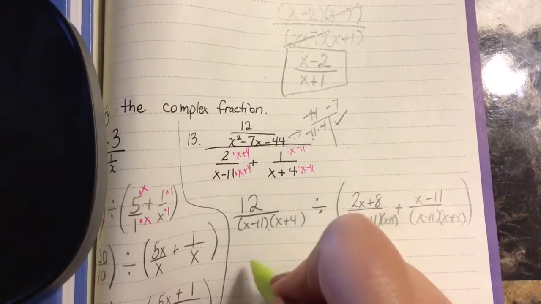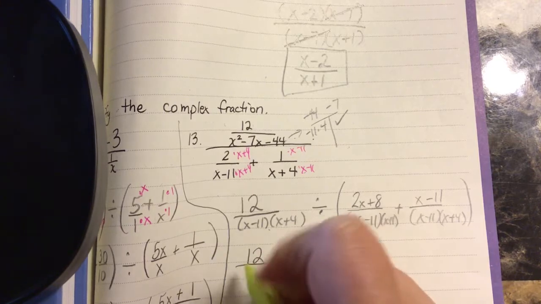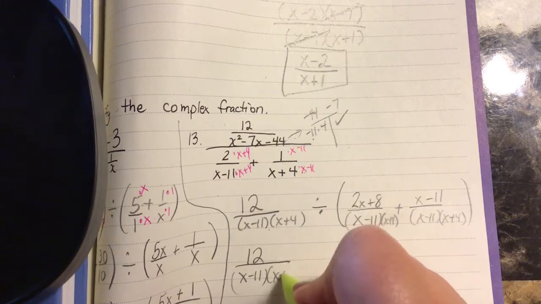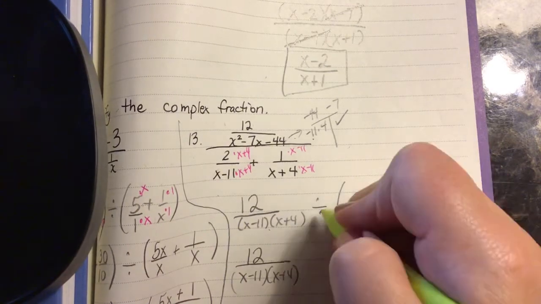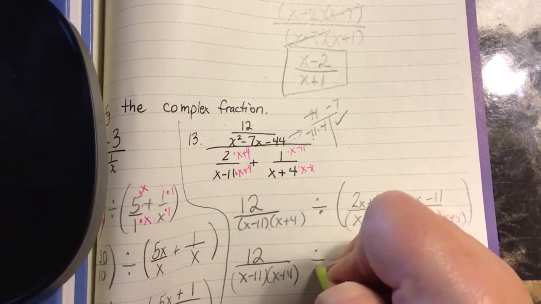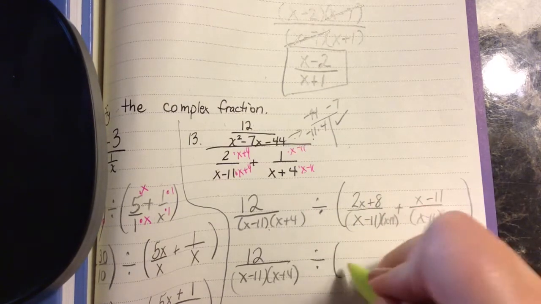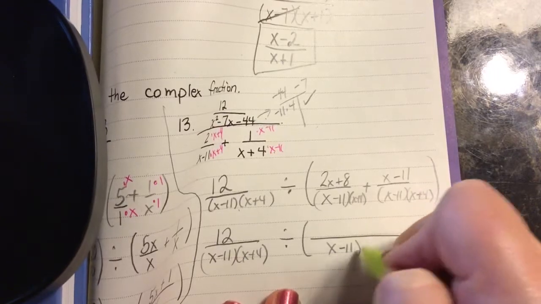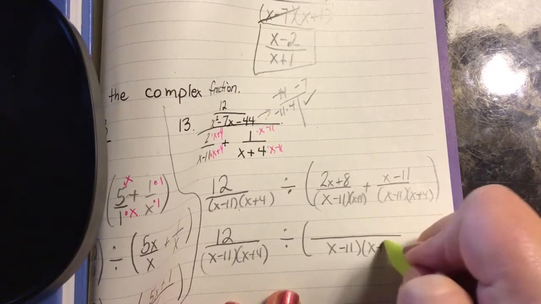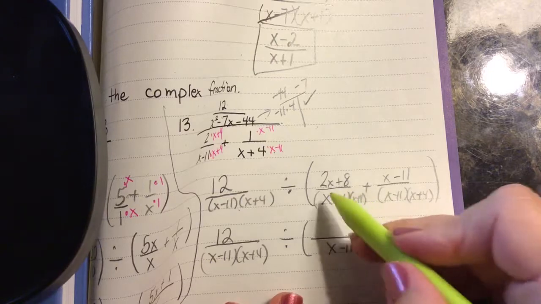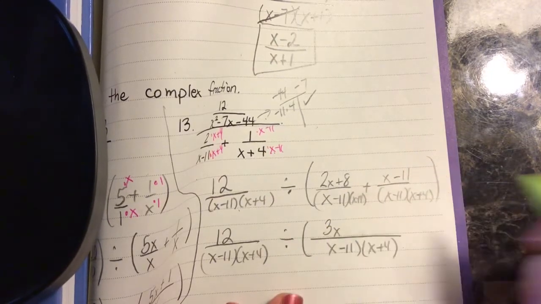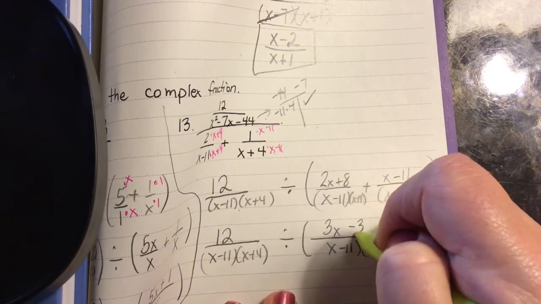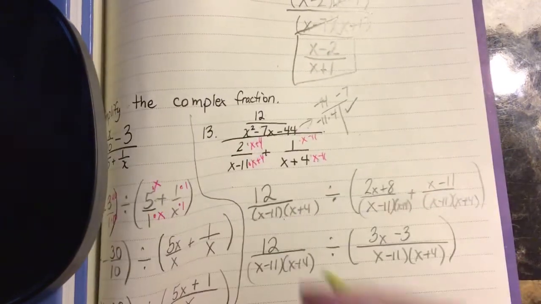Okay, now I'm going to bring down my first fraction that can't be reduced right now at all. I'm not going to do that yet. I'm going to combine like terms in my numerator. X plus x is 3x. 8 plus negative 11 is negative 3. We'll do a couple things at one time.